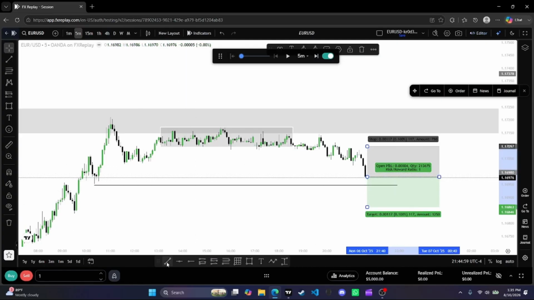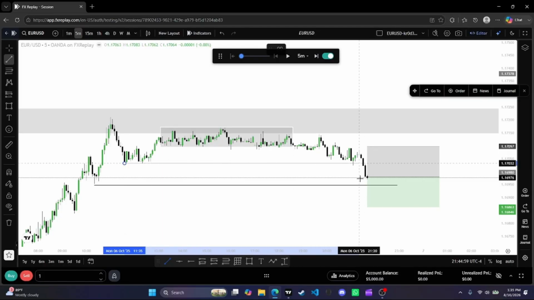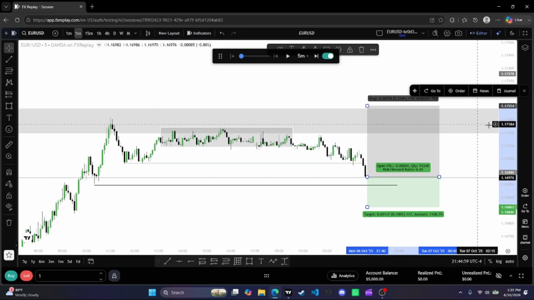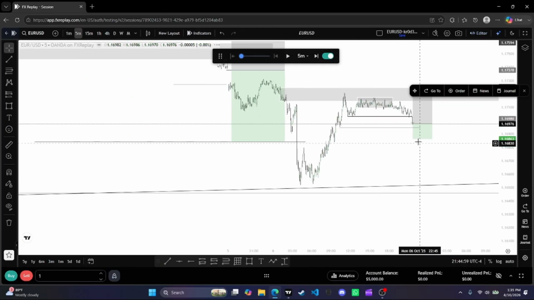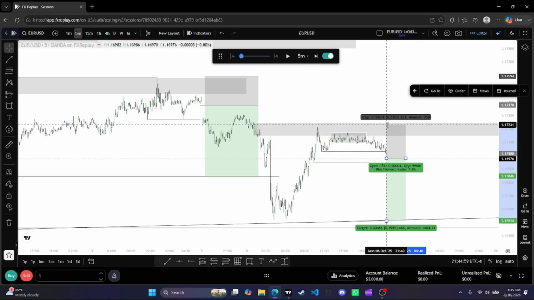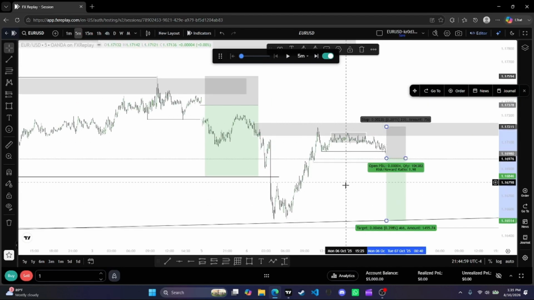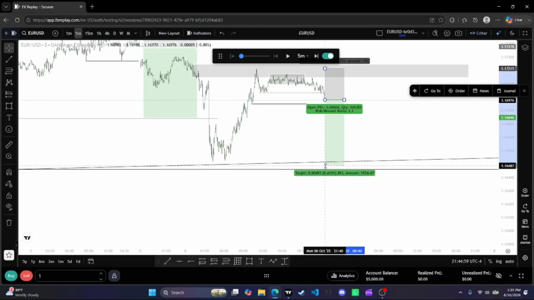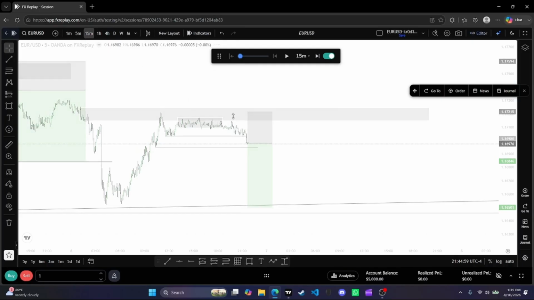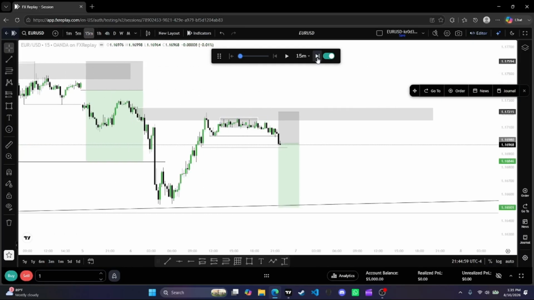It has broken this particular low, so we can consider this an internal breakout structure on which we can take a trade. Your target can be this particular low area. This will be that high, or you can keep it even further, whatever you like. So let it play out.